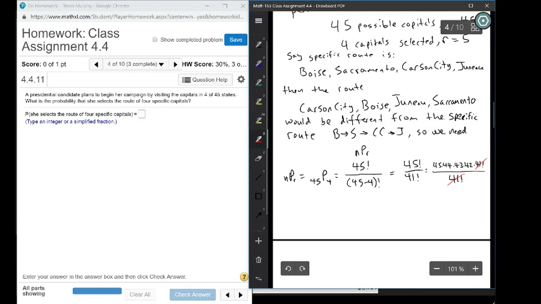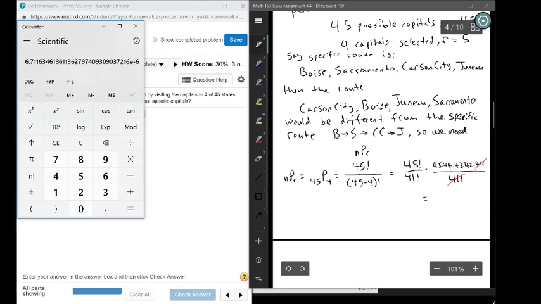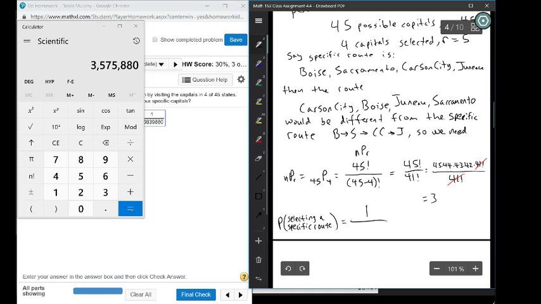So the 41 factorials cancel. And then let's multiply what we have left, 45 times 44 times 43 times 42, which is 3,575,880. So the probability of selecting a specific route is 1 over 3,575,880.